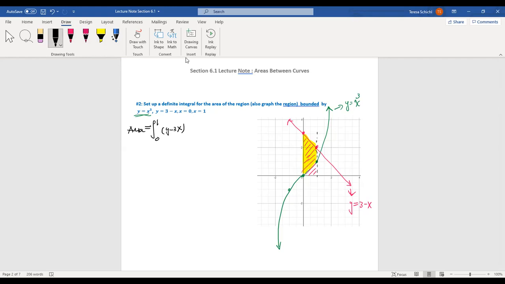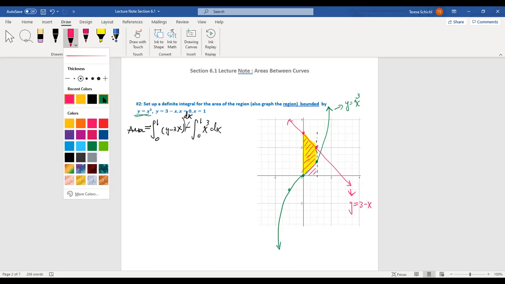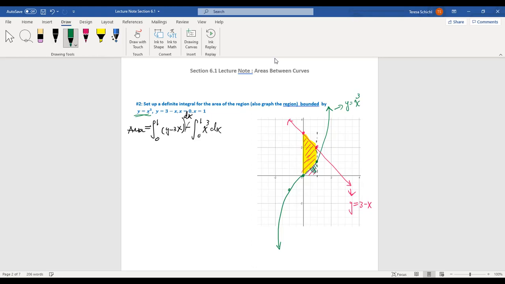Then I need to subtract the integral from 0 to 1 of this green function, x cubed dx. I'm sorry, I forgot the dx here. What does this one cover? It covers all these areas, below the curve and above the x-axis. So when you subtract it, it will give you this yellow area.